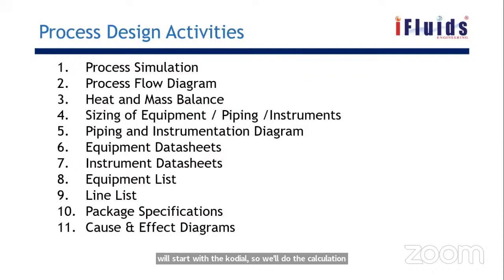We cannot do all those things through manual calculation, so we need some software, simulation software, because the components involved are complex components. It's not like simple water or a pure component like methanol or ethanol.